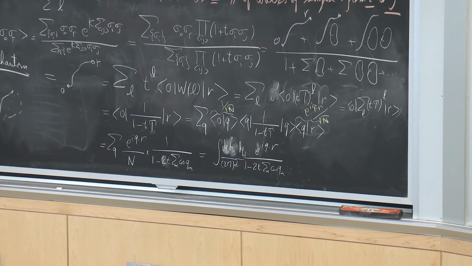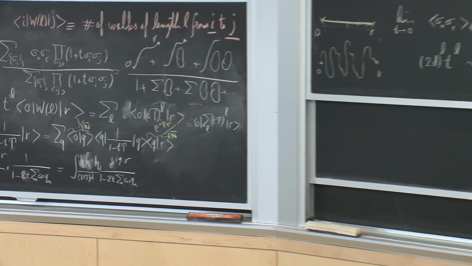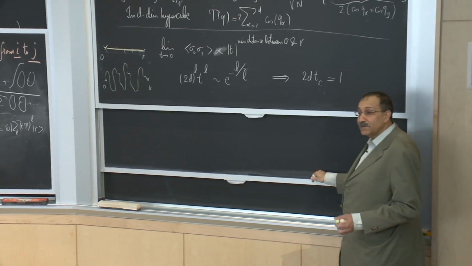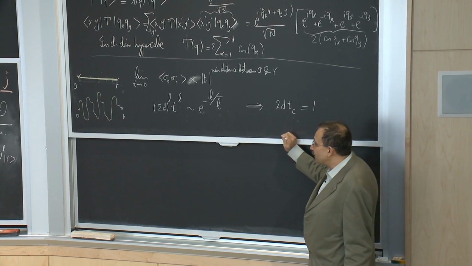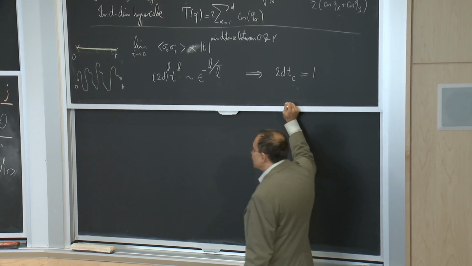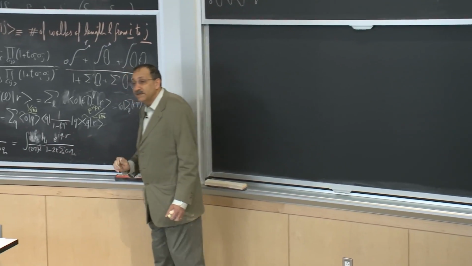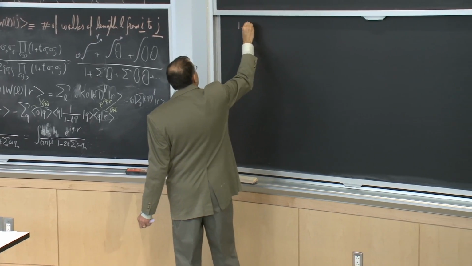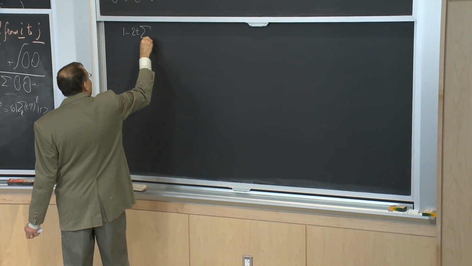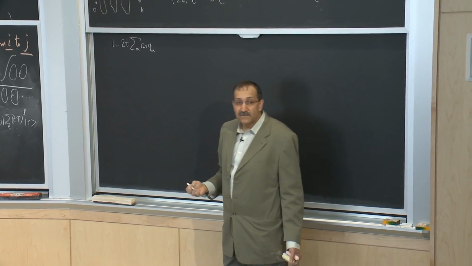And if I'm interested in seeing what is happening when I'm in the vicinity of that transition, right before these paths become very large, what I can do is I can start exploring what is happening in the vicinity of that pole. So 1 minus 2d sum over alpha cosine of q alpha, how does it behave?